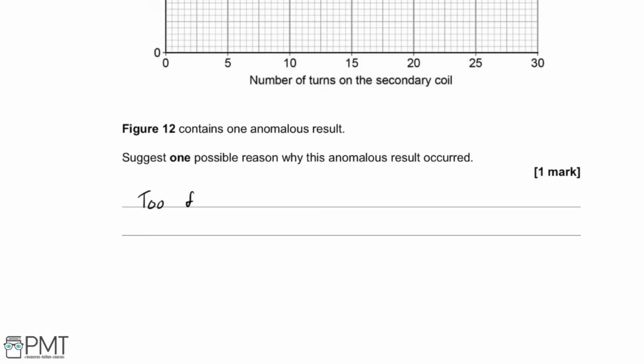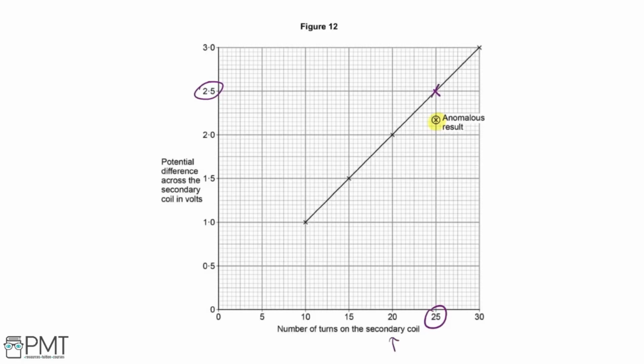Either there were too few turns or coils on the secondary coil, and this would be a problem because, as you can see down here, the number of turns on the secondary coil is what we're changing. It's the independent variable. And the anomalous result actually occurs where we would expect it to occur here, so with maybe 21 or 22 turns on the secondary coil.